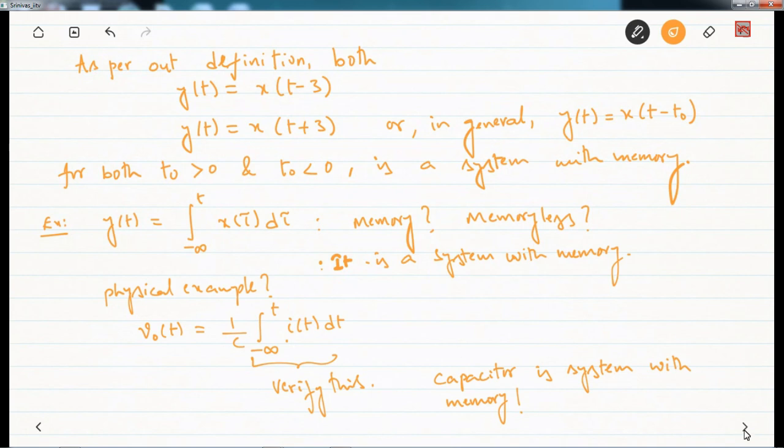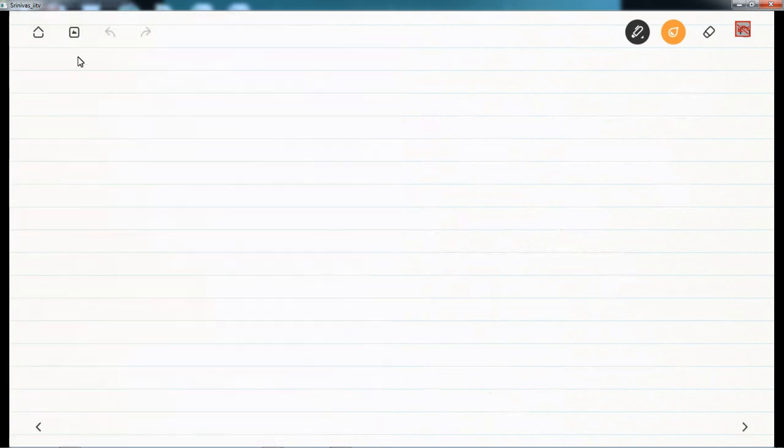Okay, so we studied what is a system with memory, and now we want to say that in terms of impulse response, how do we say whether... Now consider an LTI system having an impulse response h of t, right?